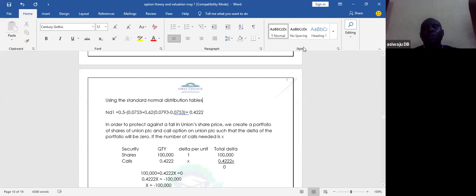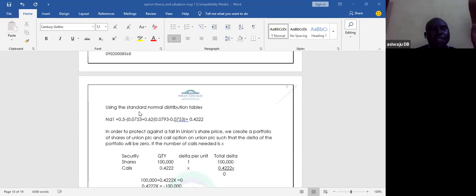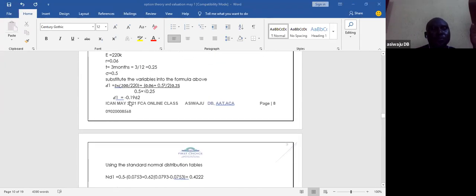Now, using our normal distribution table, we want to compute ND1. You recall, our D1 is negative 0.1962. As soon as you have negative, introduce 0.5 minus, then open a bracket. Now, go to your normal distribution table.